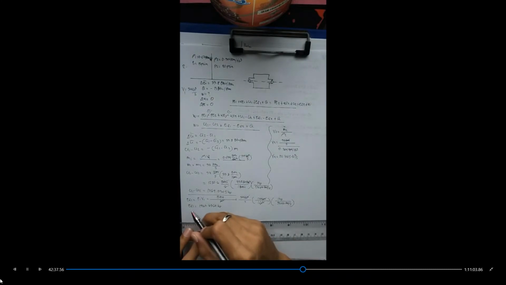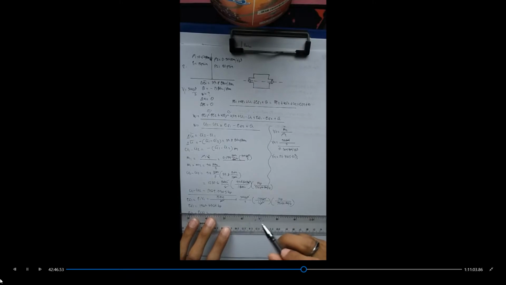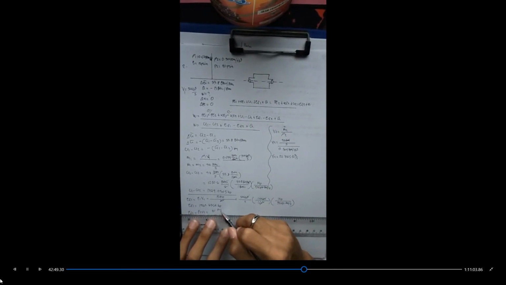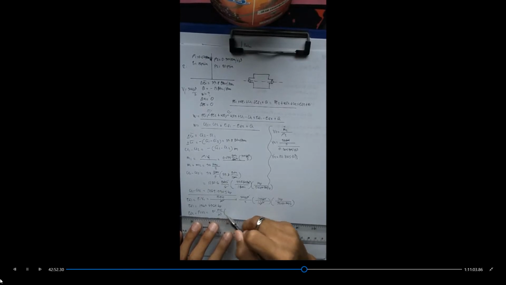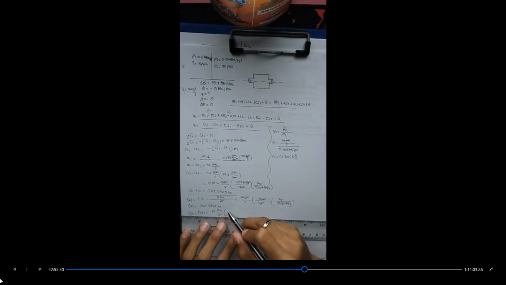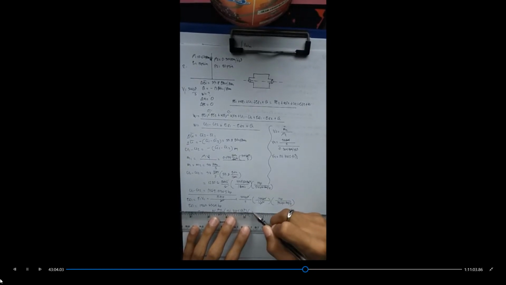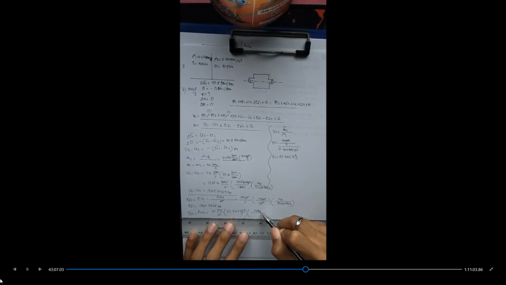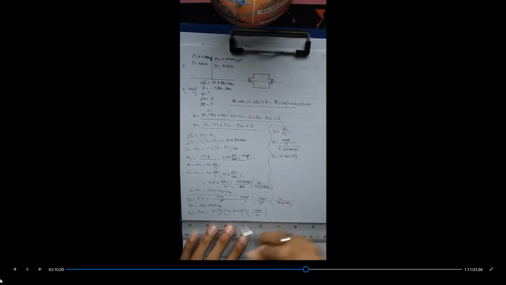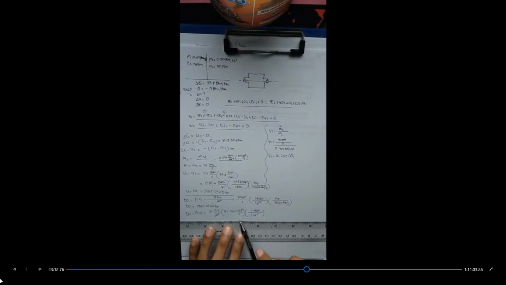I'll be using that in solving for my flow work 2, which is pressure 2 times volume 2. Pressure 2 is 80 pound force per inches squared, multiplied by my volume, 121.7105 cubic feet per second. Converting with 144 inches squared over 1 foot squared, inches squared cancels, foot squared cancels, and we'll be left with foot-pound force per second.